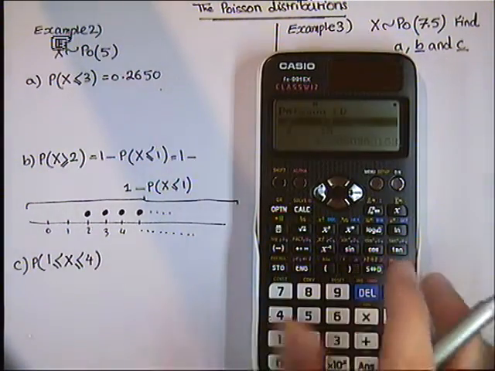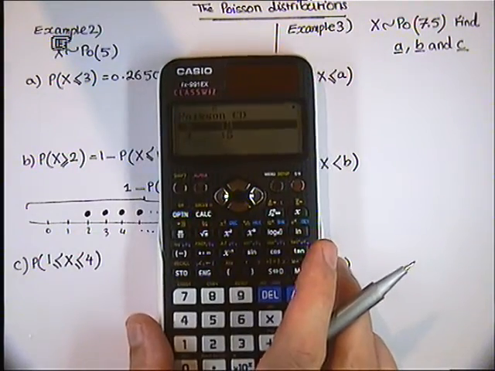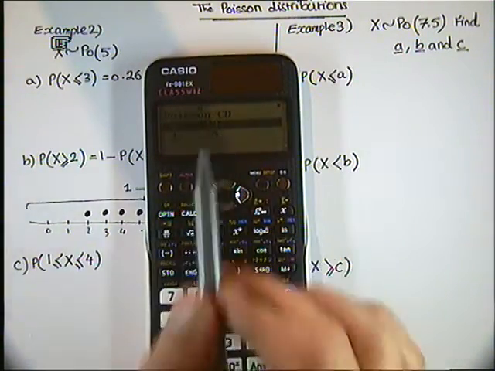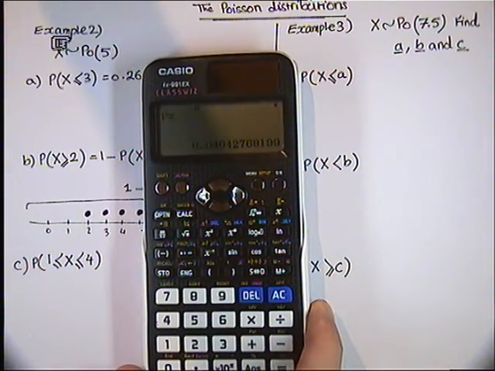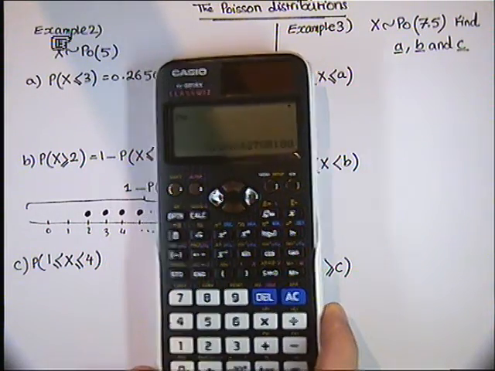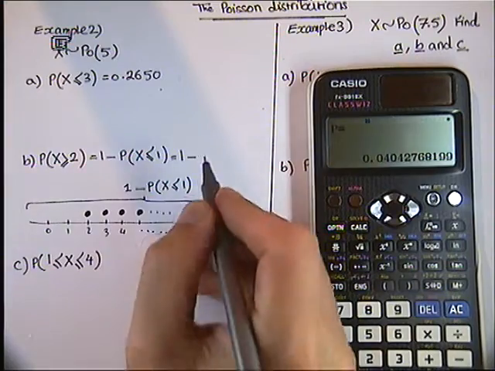However, I could use the calculator again, for less than or equal to 1, and then substitute it there. So x is 1, lambda is 5, and we get 0.040427 and so on.